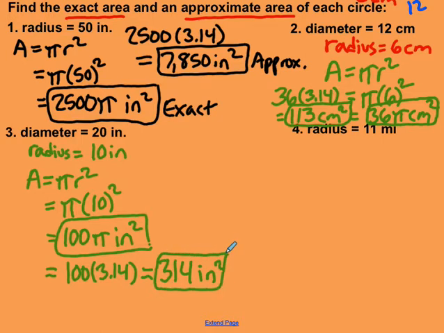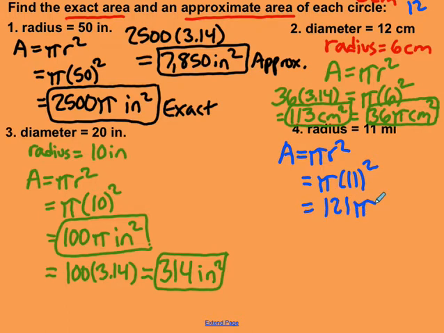Hopefully you're seeing the difference between those two answers. Number 4, the radius here is 11 miles. We'll just plug this right into our equation. Pi times 11 squared. 11 squared is 121. We're multiplying that by pi, and this would be miles squared for my exact answer.